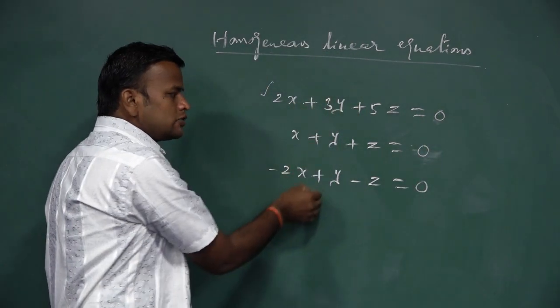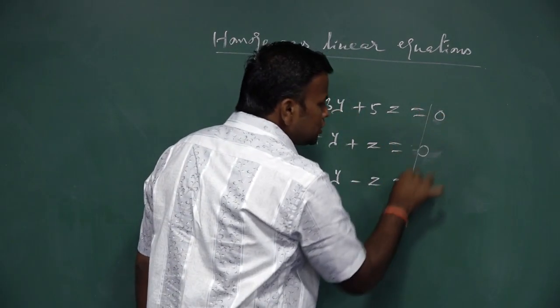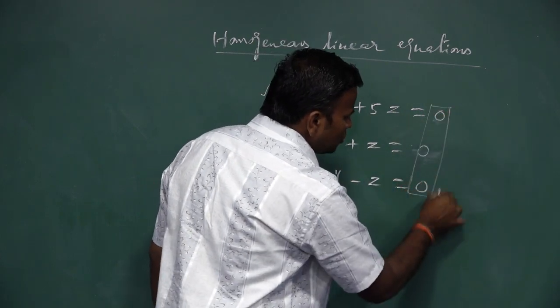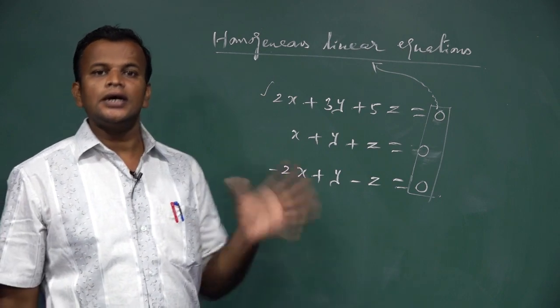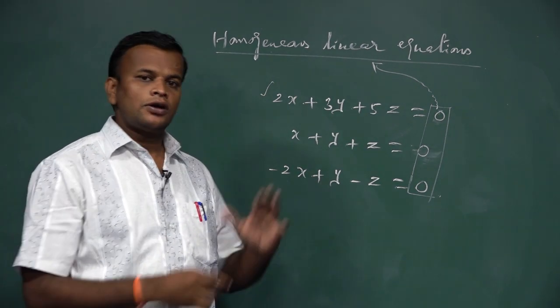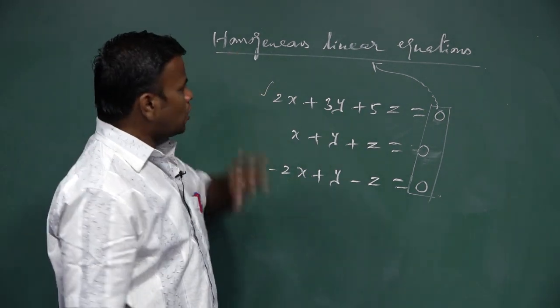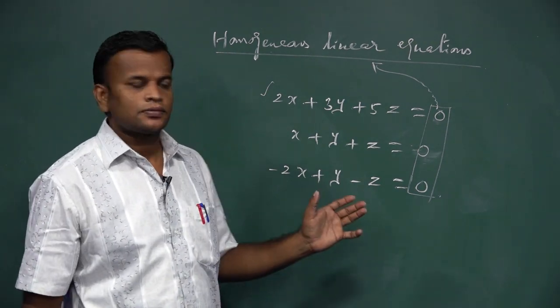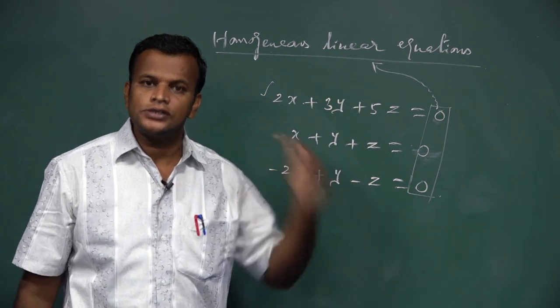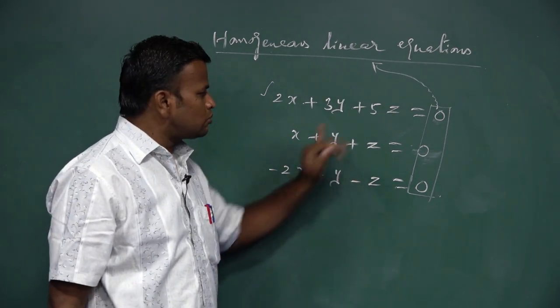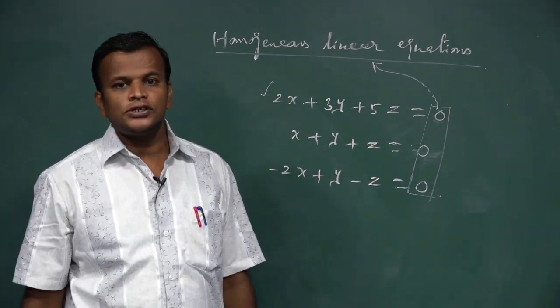In a system of 3 equations, if the constants fully become 0, we say this type of equation is a homogeneous linear equation. Now in the last example 1.7, fully we say homogeneous linear equations: RHS fully contains 0, that is, all the constants are 0. Then we say the system of equations is called homogeneous.